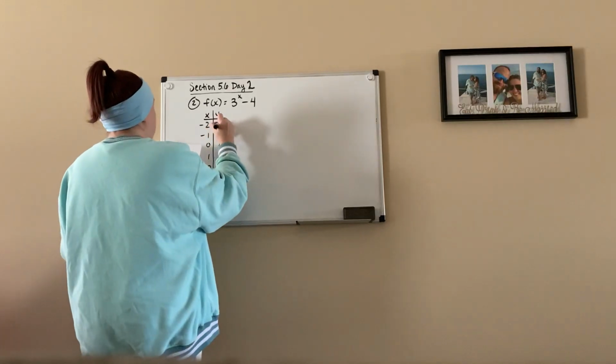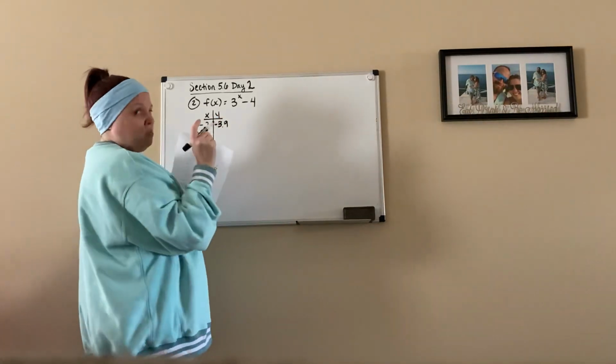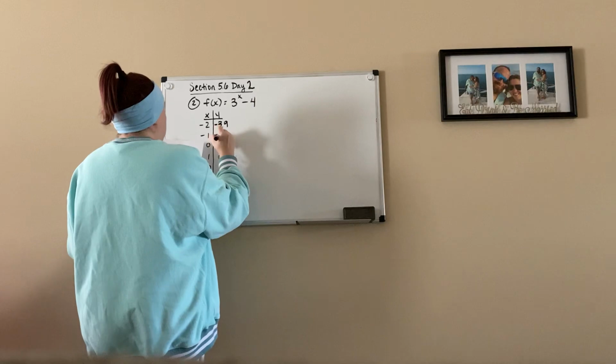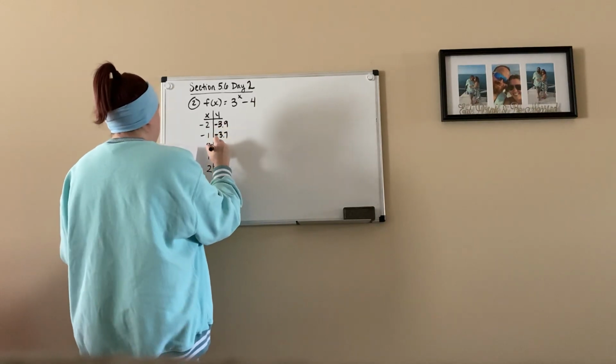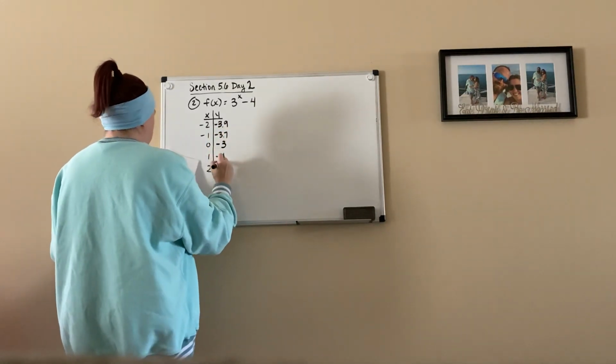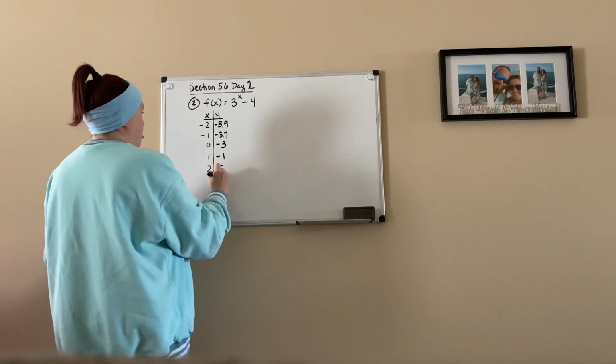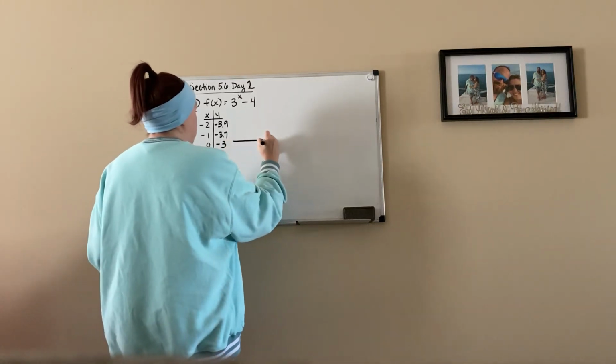So this is -3.9, I rounded it. This is -3.7, -3, -1, and 5. So once again, let's just make ourselves a graph.